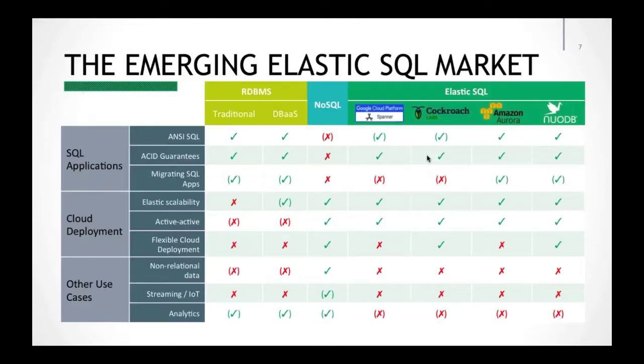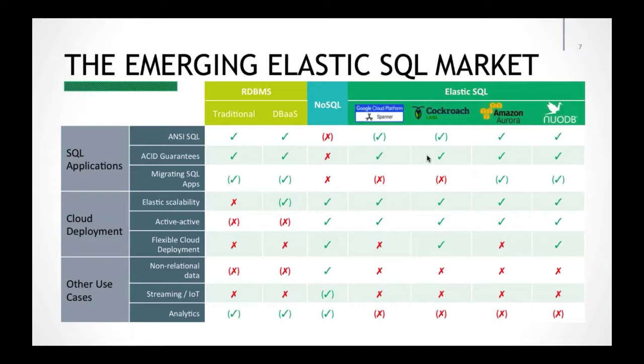So this is a bit of an eye chart, so let me try to orient you in this comparison of the various offerings and capabilities. In the rows, we've grouped them into SQL applications, cloud deployment, and other use cases. In the SQL rows, there's the need for ANSI SQL, the ACID guarantees, and being able to easily migrate existing SQL applications.